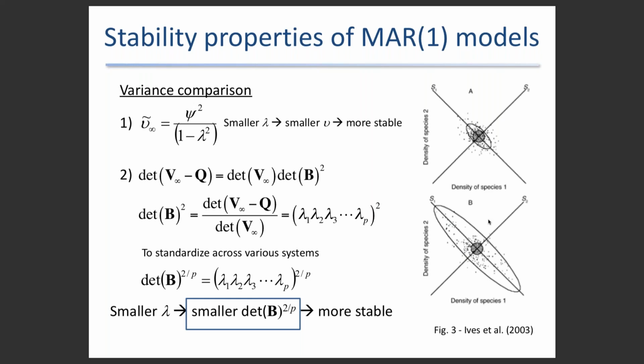It's not changing very much. Now, how on earth do you compare the stability of these systems? Because clearly one is being driven by this very variable environment. But if you can estimate the B matrix, that gives you insight into the intrinsic stability of the system.